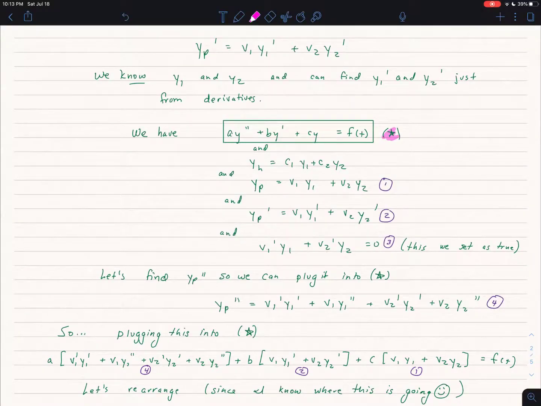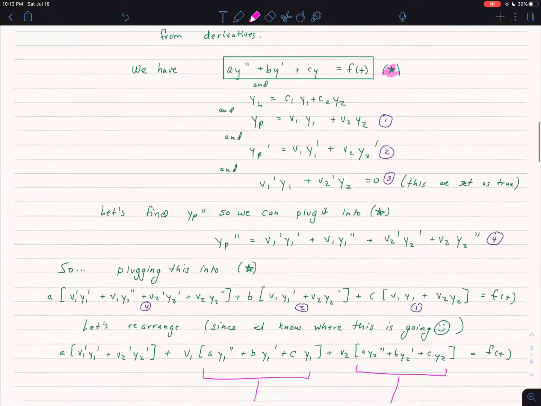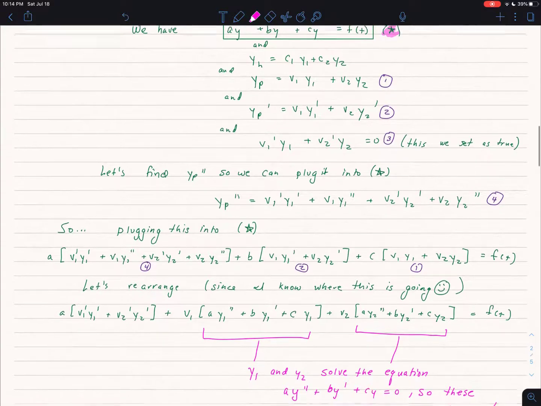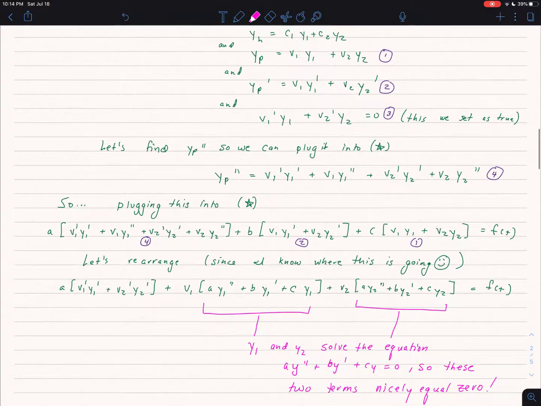Let's rearrange this, and this isn't something you'd know to do unless you knew where the problem was going, which I do. We're going to rearrange this such that, magically, I've got my a times these two crazy things, plus v1 times ay1 double prime, by1 prime, plus cy1, plus v2 times ay2 double prime, by2 prime, and cy2.